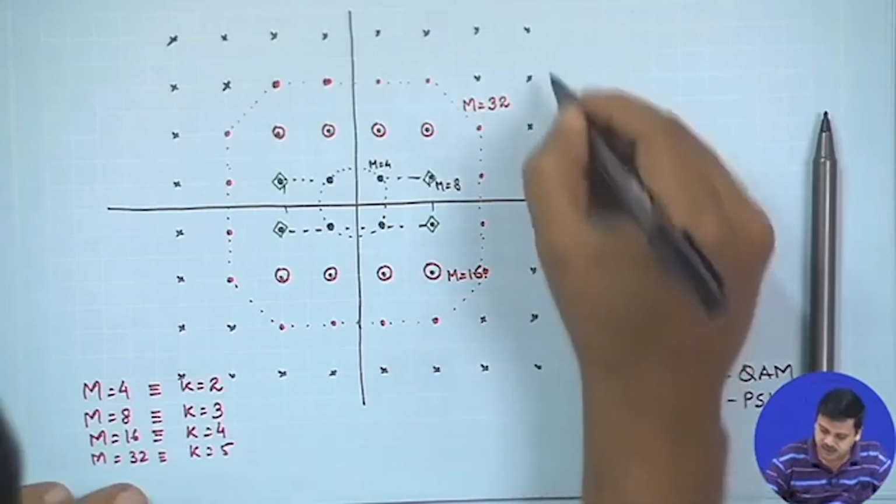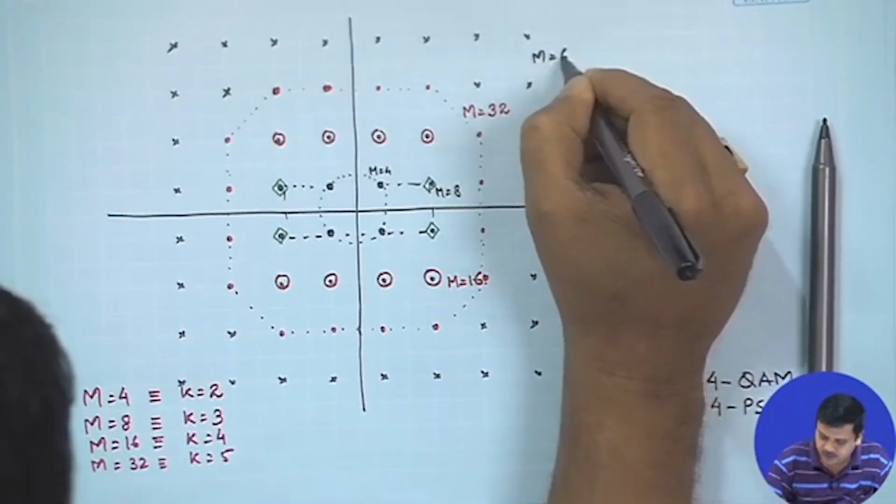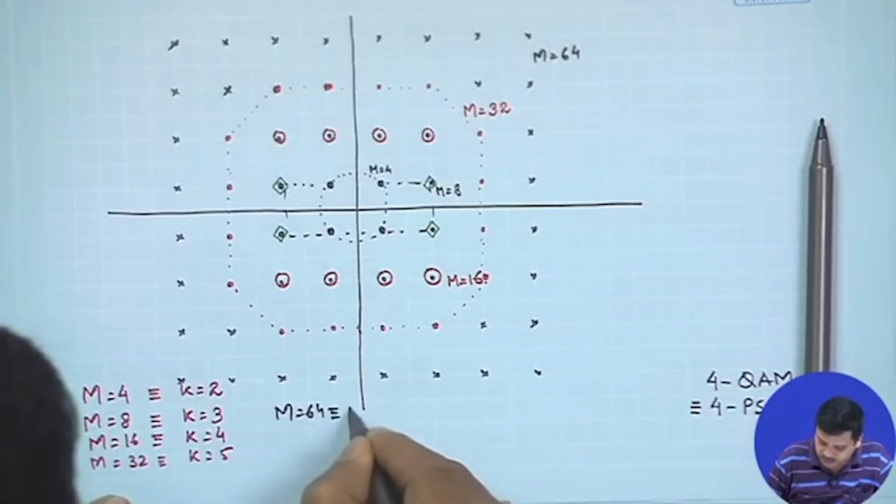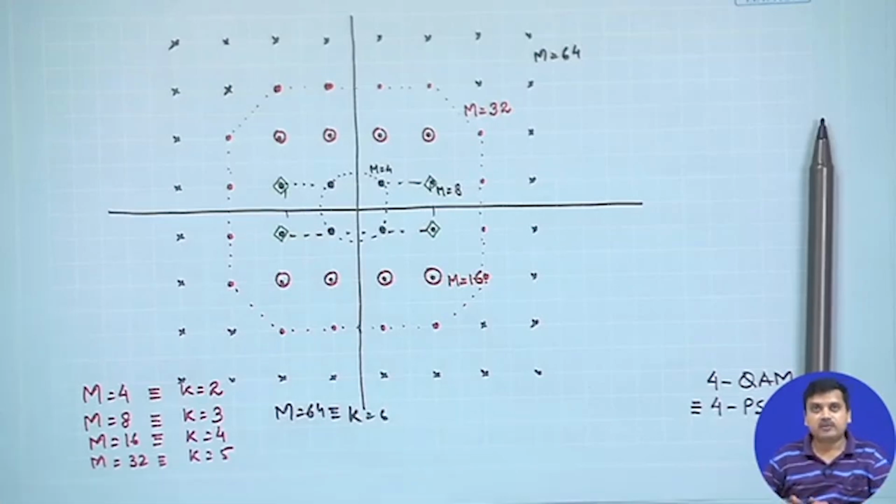So, if you do this, then you end up with m equals 64, and when m is equal to 64, this would mean k equals 6. So, what we have done effectively is we have been able to easily scale the constellation for 2 bits per symbol to 3 bits per symbol to 4 bits to 6 bits and so on. So, this would be very helpful when we are doing dynamic constellation changing. That means, we would be looking at situations where you could change the number of bits per symbol.